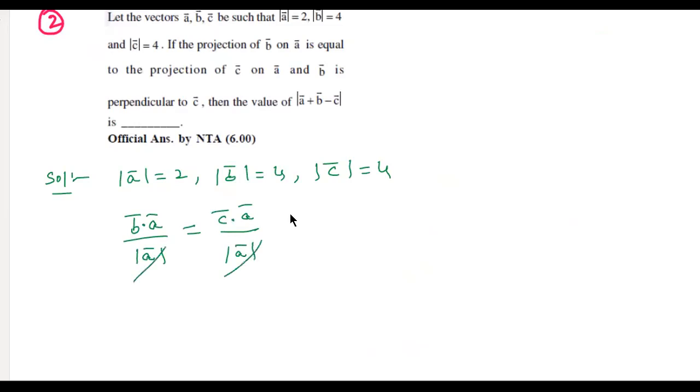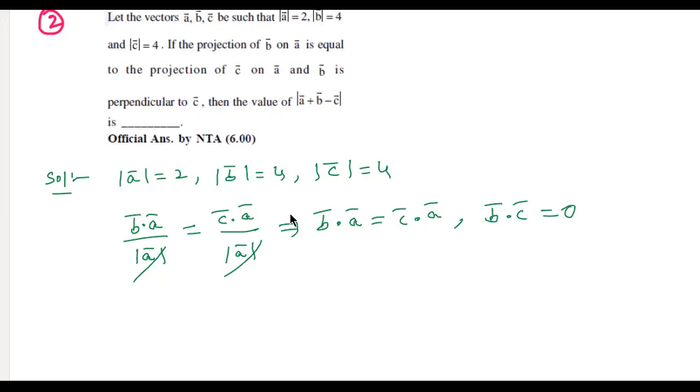So these two cancel. In this case, we got b bar dot a bar is equal to c bar dot a bar. And another condition given, b bar is perpendicular to c bar. So b bar perpendicular to c bar means b dot c is equal to 0.